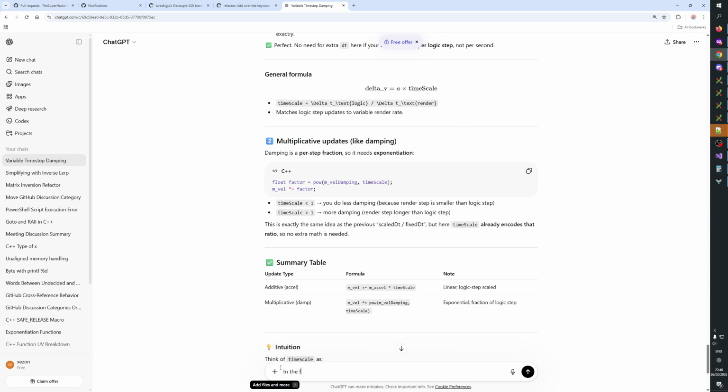In the following function, I added a bunch of time scale modifiers, but it does not look quite right. What could be wrong?